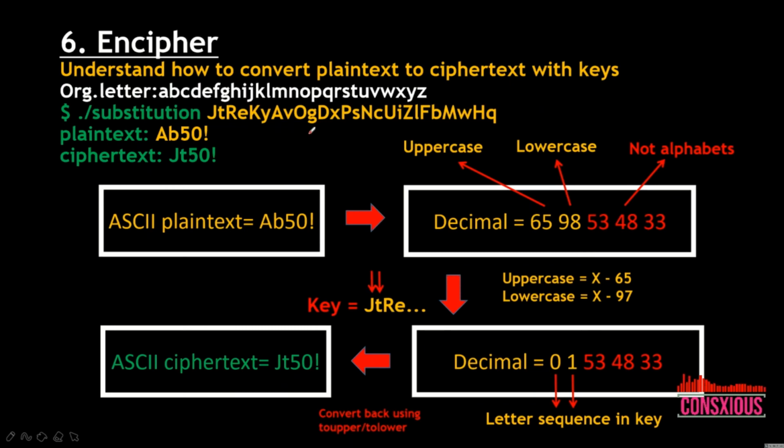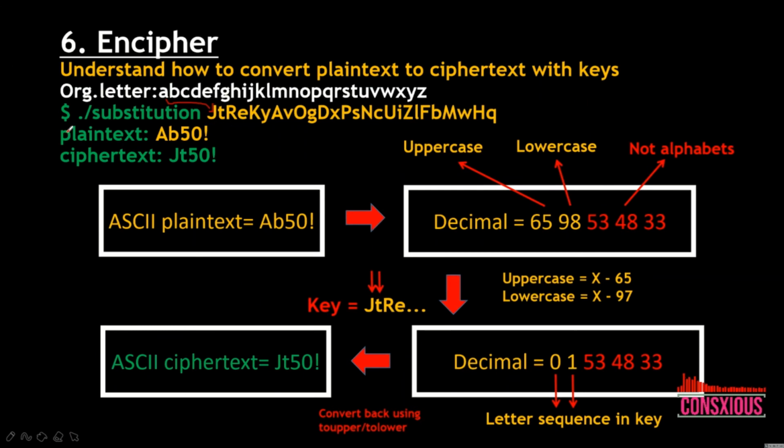For Encipher, we have to understand the process. For example, this is the original letters A, B, C, D, E to Z, and the substitutions J, T, R, and so on. You can see that A equals J, B equals T, C equals R, and so on and so on.